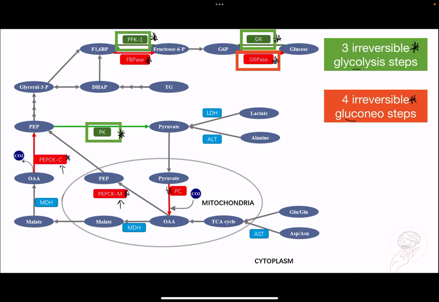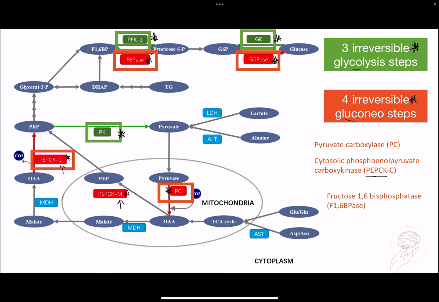And there's also this one we'll get to in the next slide, which is pyruvate carboxylase. Oh, I forgot that I wrote it right here. PepCK stands for cytosolic phosphoenolpyruvate carboxykinase. You can see why I only remember it as PepCK. And we also have fructose 1,6-bisphosphatase, which we'll get to in a moment.